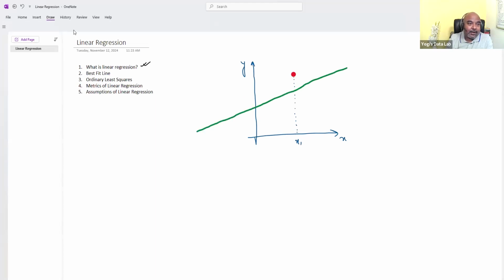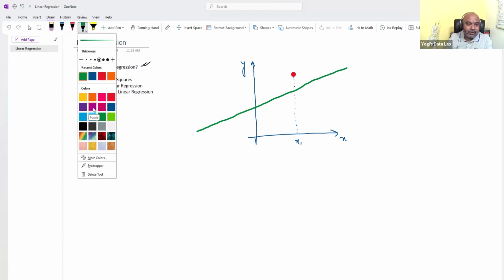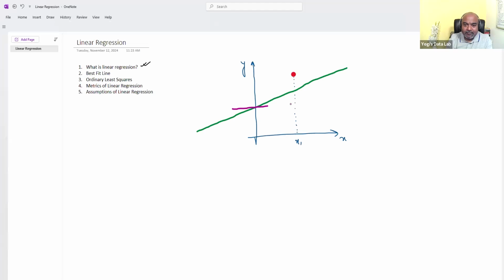Since I'm talking about the distances measurement, the square distances, I'll also put an average line over here. So let us say this is your average line. When I say average line, it means the average of y, so y bar.